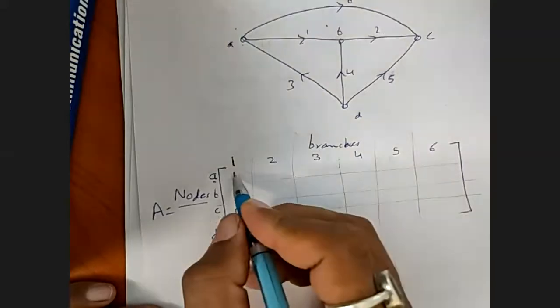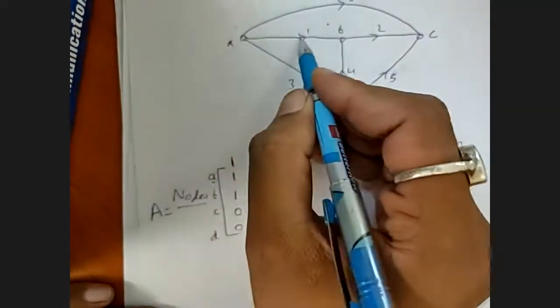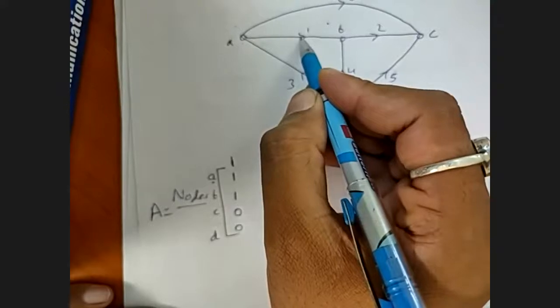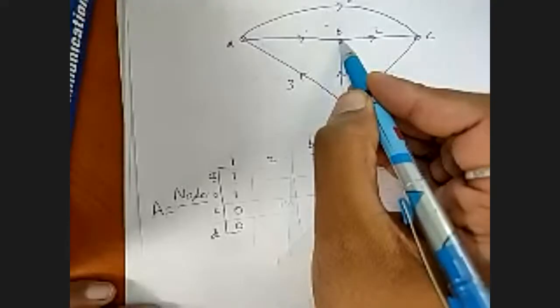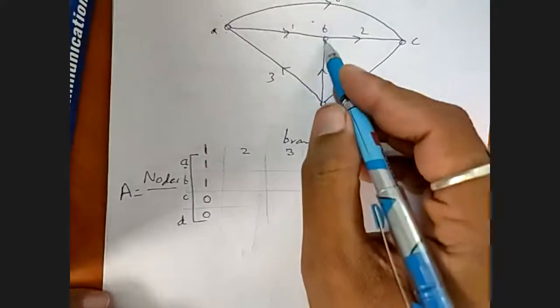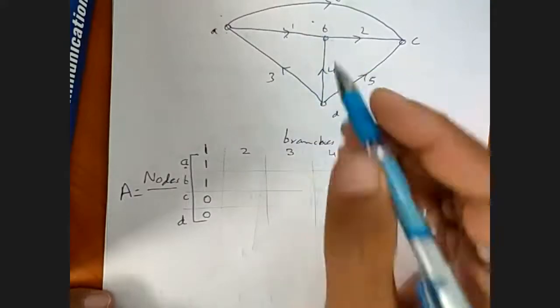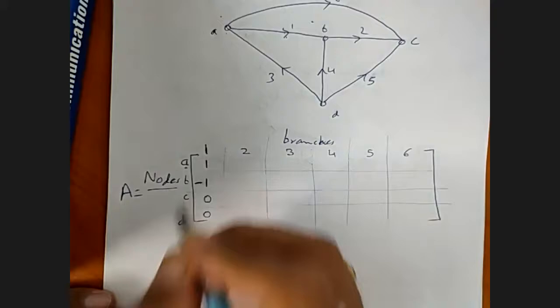At node A, current direction is outgoing, that means positive. And at node B, direction is incoming, that means -1. So at node B it will be -1.